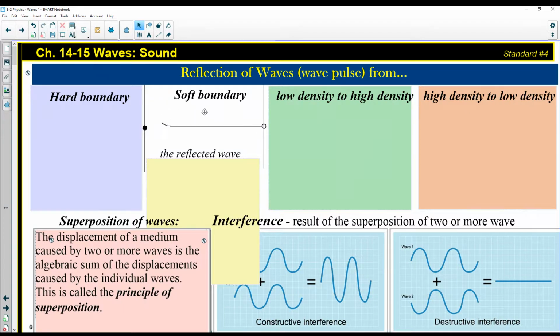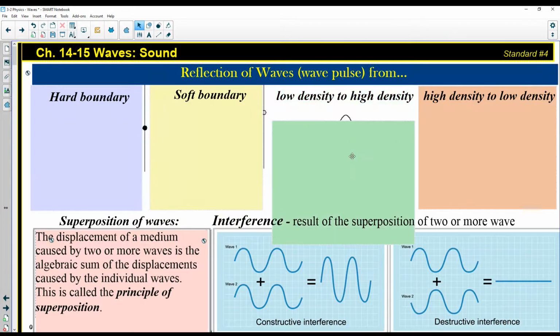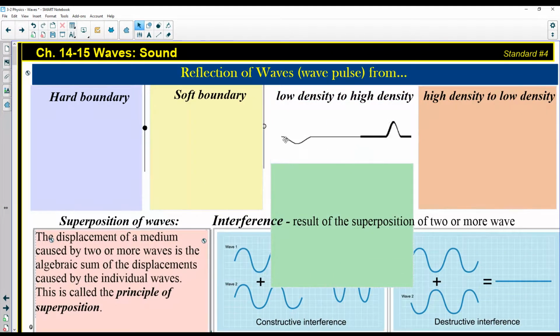For low density to high density, so I have a thinner medium to a thicker medium, some of the wave can be reflected, but because it's a harder density, the reflected wave has a phase shift, and it loses some of the energy to being reflected.